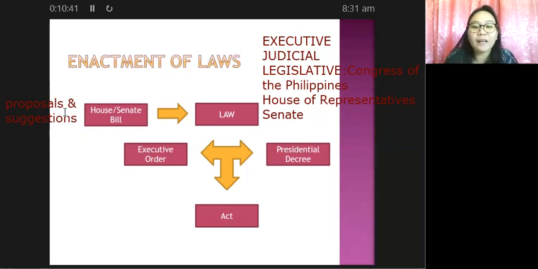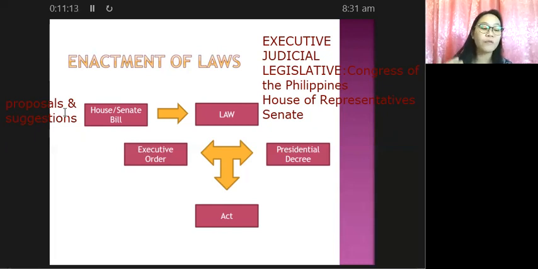The different bills are simply referred to as laws in the making because they are not yet laws. Why? Because they haven't been approved yet by the chambers. In order for a House bill or a Senate bill to be passed on to the office of the president for signing and approval, it has to be approved first by both chambers.